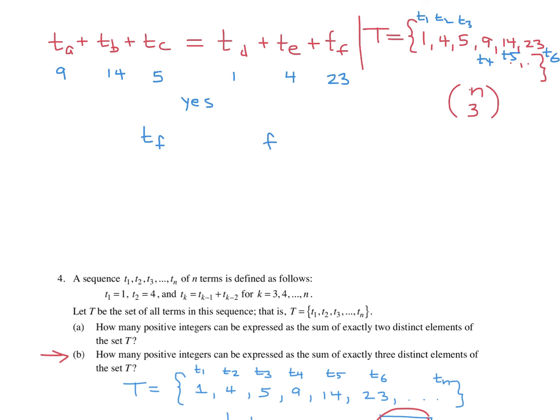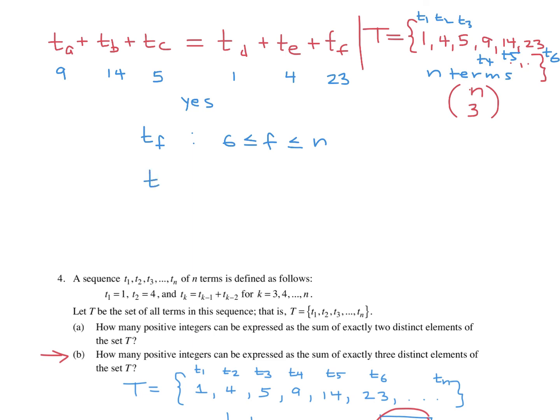The F has to be at least 6, correct? It can't be 5 or 4 because we've got 6 distinct numbers, and TF is the largest of the 6, so it's got to be at least 6. It could be 7, 8, 9, but it's got to be at least 6. And then obviously, since there's n terms in that whole set, F has got to be less than or equal to n. Okay? So that's sort of the definition of what F is.